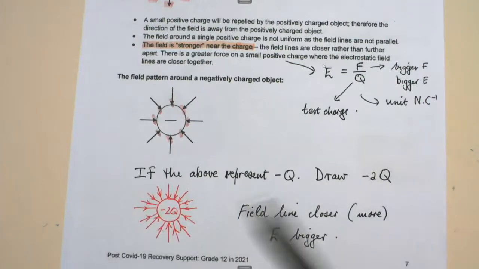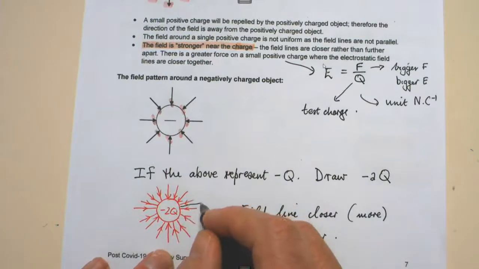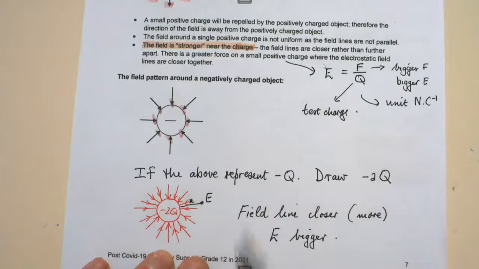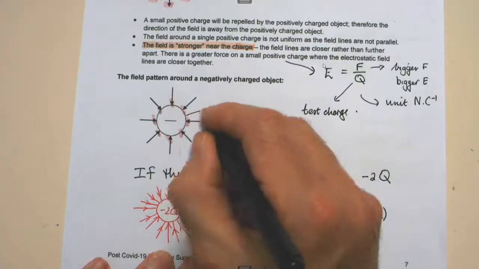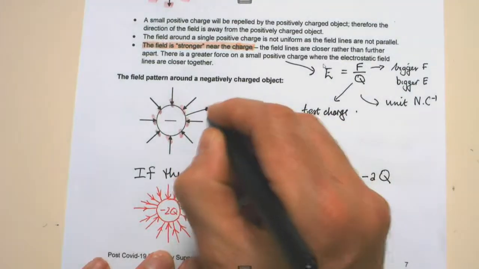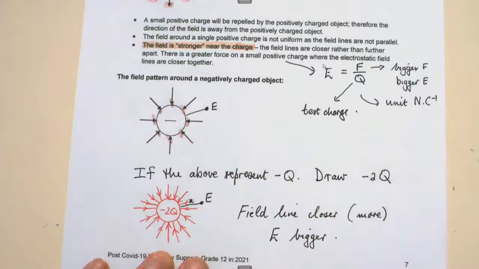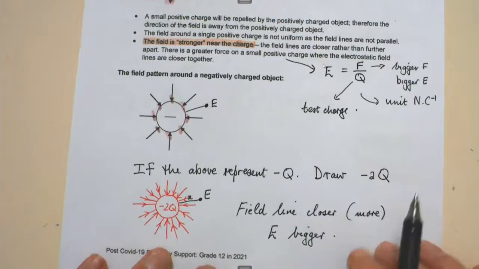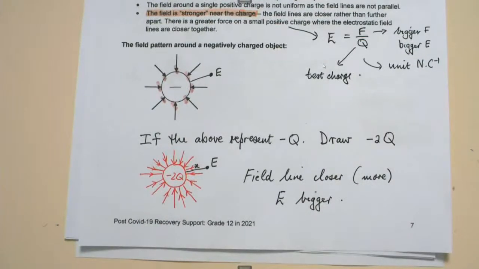So at the same distance away, let's call it X, that electrical field strength will be more than at that same distance away that you will get from that one. The field lines are closer together. A stronger charge will give you a stronger electrical field because of that charge.